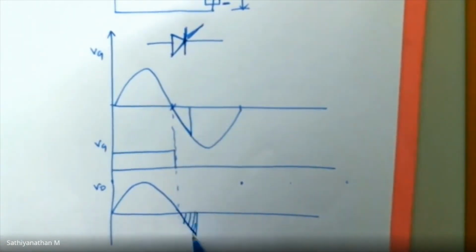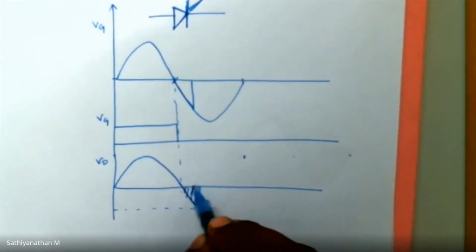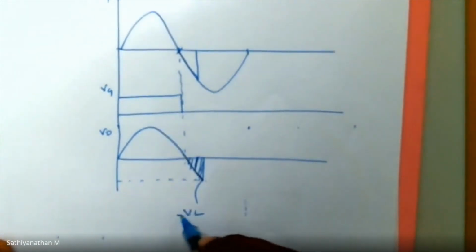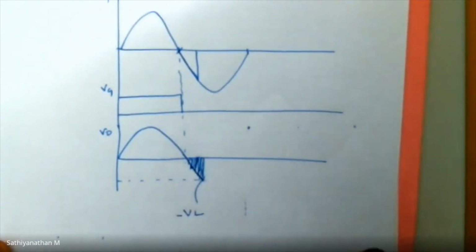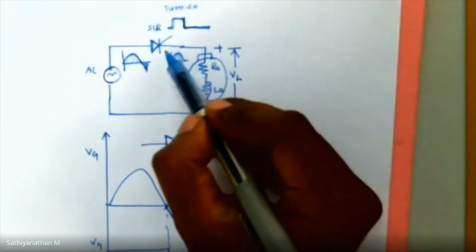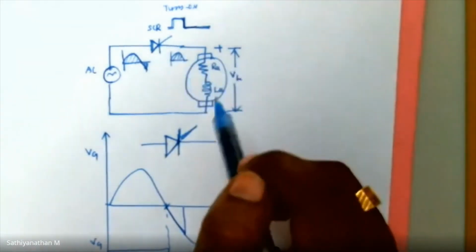You may have some negative spikes. This is an energy that comes from an inductor, and that inductive energy will not allow your device to turn off. So again, it is a problem.